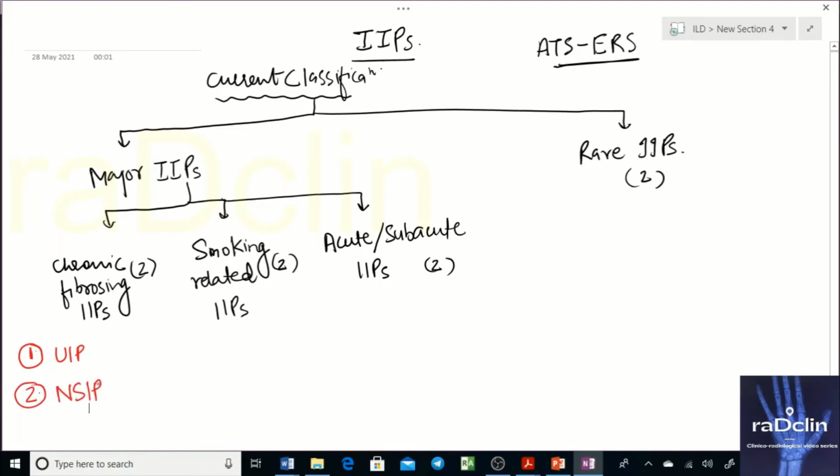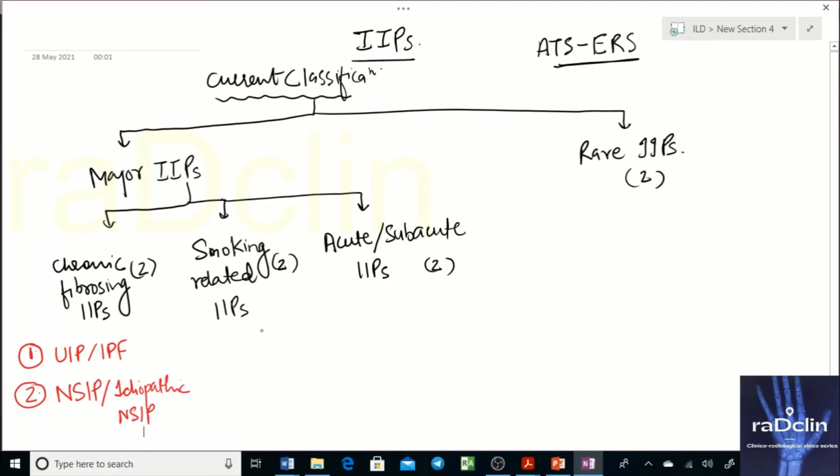Now the clinical syndrome or idiopathic syndrome that is associated with it is your IPF, and here it is idiopathic NSIP. Just like it is idiopathic pulmonary fibrosis, it is idiopathic NSIP.